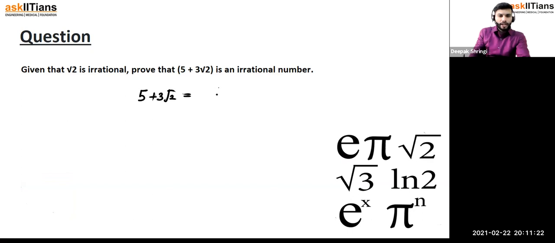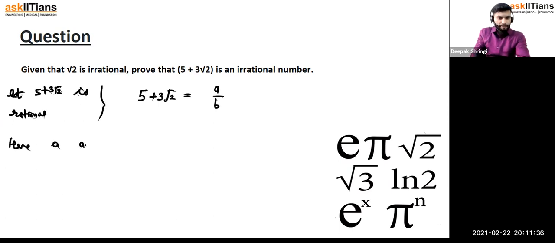You have assumed that it is rational. Let 5 plus 3 root 2 be rational, and if you are writing it as a by b, that means here a and b are co-prime numbers, right?